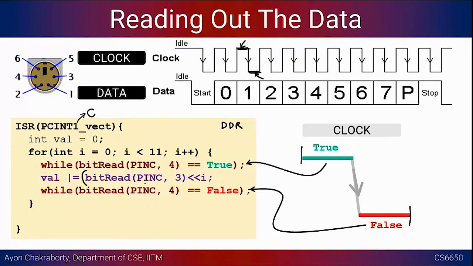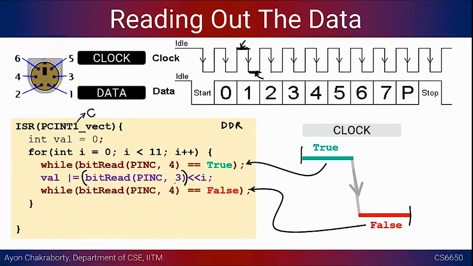So we are reading the value of the bit which is coming from A3, and then as you see, we are going through this loop, right? And every time we want to save the value of this particular bit in the variable val.